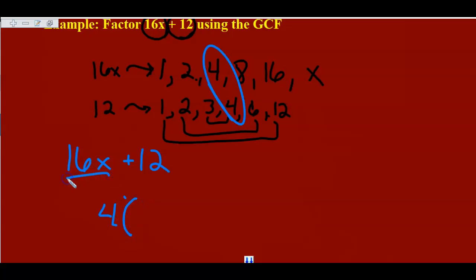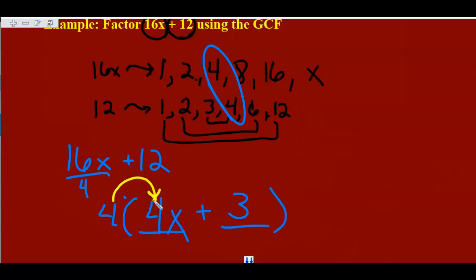So 16x divided by 4, what's left? Whatever's left is going to go into our parentheses here. Okay? And we're recreating what we would have undone when simplifying these using the distributive property. So we would have 4x here, and then 12 divided by 4 would be 3. Okay? In order to check, make sure we got it right, we use the distributive property.